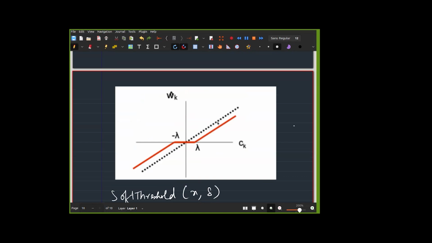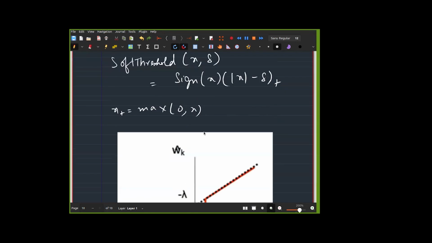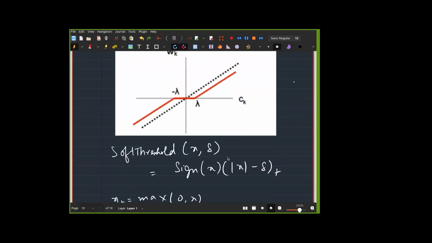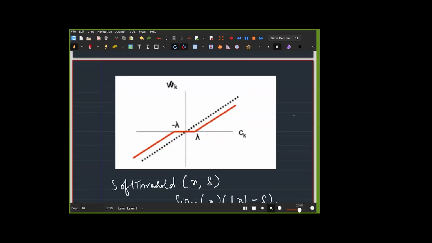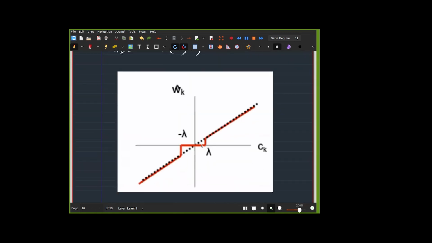This dotted line was the actual value, the negative log likelihood thing, CD by AD. But in soft thresholding, we are making it smaller by reducing the height. So it's shrinking even outside the minus lambda to lambda range for soft thresholding. For hard thresholding, it is not doing anything outside this range. It is just clipping it to zero if CD is between minus lambda and lambda.